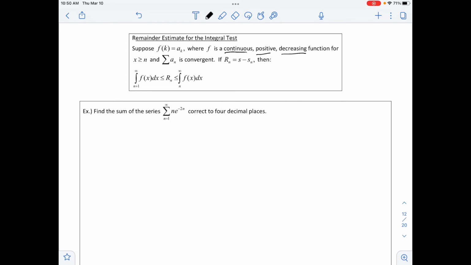If r sub n equals s minus s sub n, and again that r is our remainder, that error, then we know that that remainder is going to be bounded by the integral from n plus 1 to infinity of our function and n to infinity of our function.